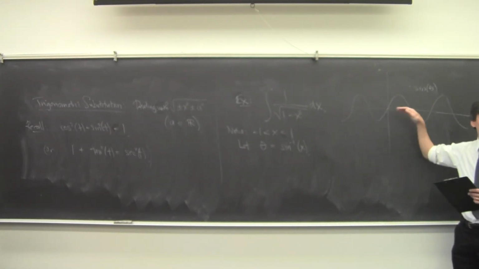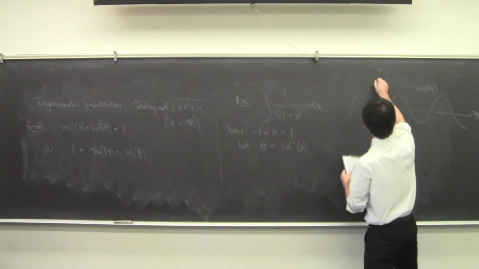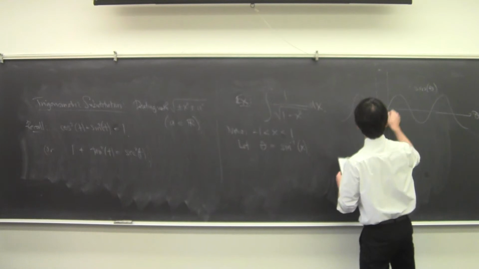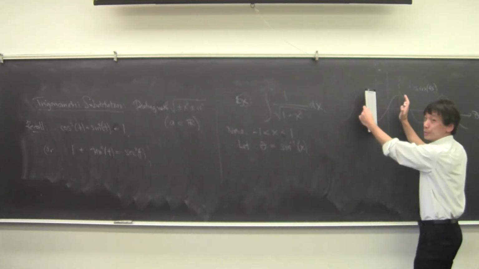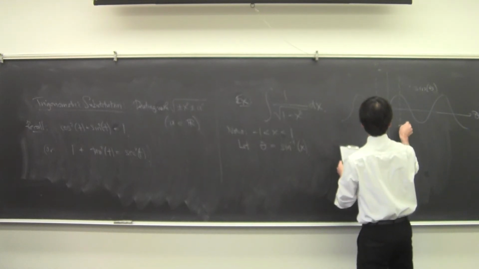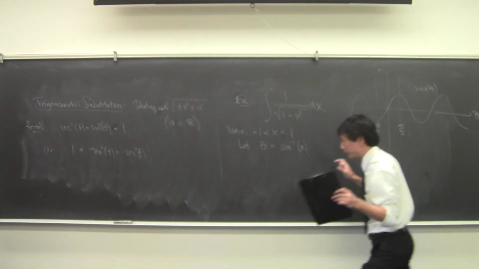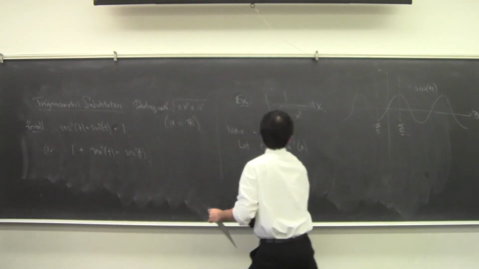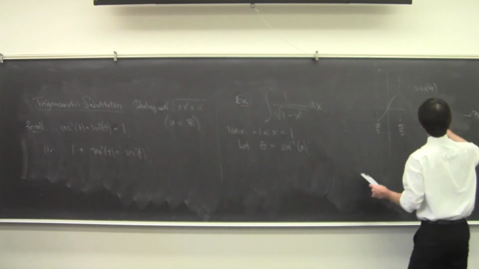It's not a one-to-one function. So what one did was constrain the sine function to just this part, from -pi/2 to pi/2.